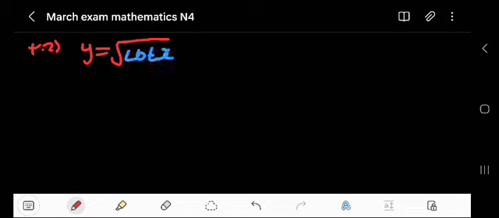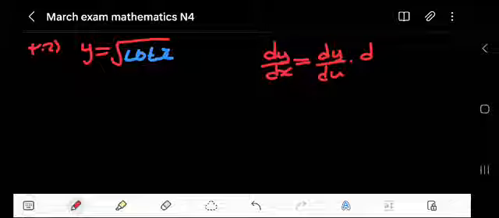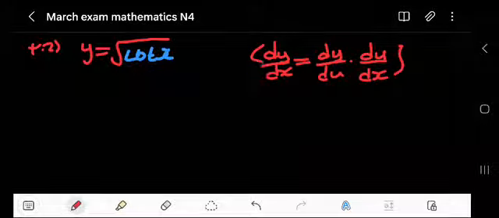All right, so we've seen that the chain rule says dy over dx must be equal to dy over du multiplied by du over dx. This is the function-of-a-function rule that we're supposed to use.